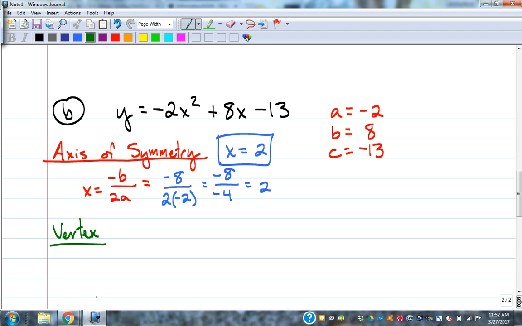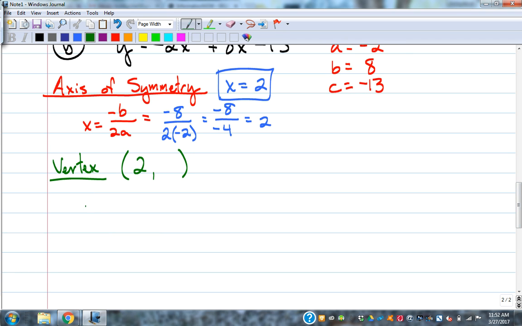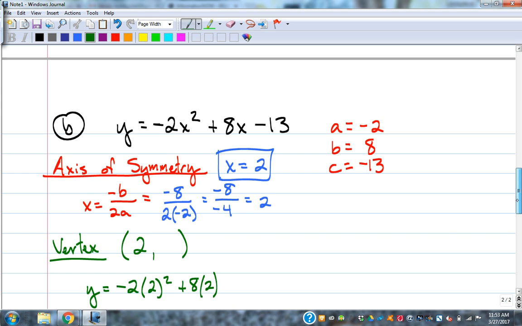For our vertex, that means that what's +2 on our vertex? The X value in the ordered pairs. How do we find the Y value? Plug it in. So -2 times +2 squared plus 8 times +2, and then it's -13.